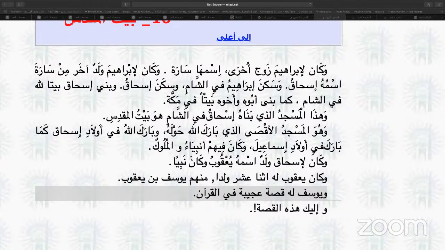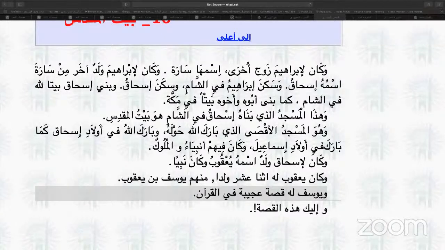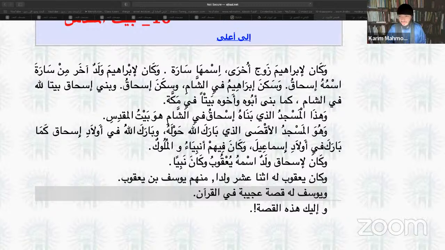I'm trying to find which masjid you go. Right there, look at it. Third line, fourth line. Hurry up. بنى المسجد في الشام. بنى بيت المقدس في الشام أو المسجد الأقصى في الشام.